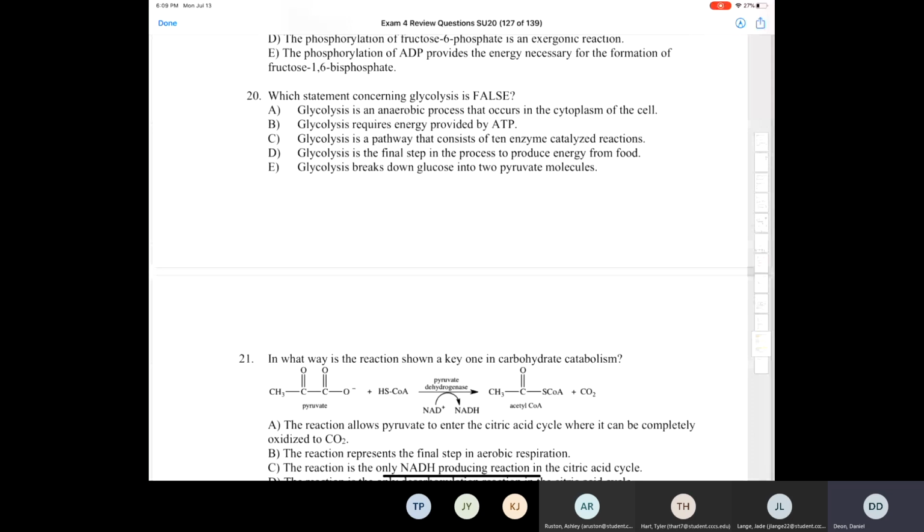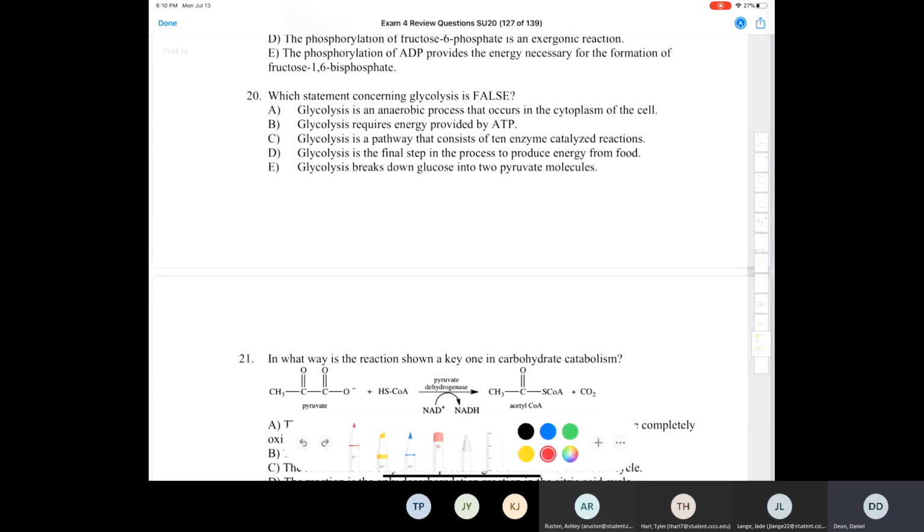Number 20. Let's go over these. Which statement concerning glycolysis is false? Glycolysis is an anaerobic process that occurs in the cytoplasm. That is absolutely true. Glycolysis is an ancient mechanism for the breaking down of glucose. Glycolysis requires energy provided by ATP. That is absolutely true.